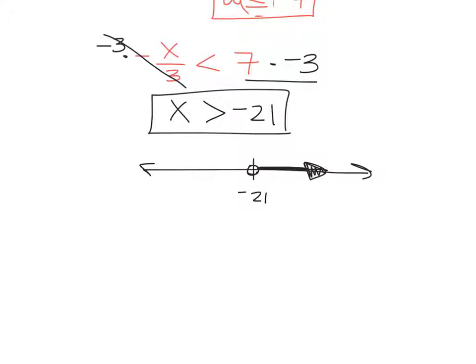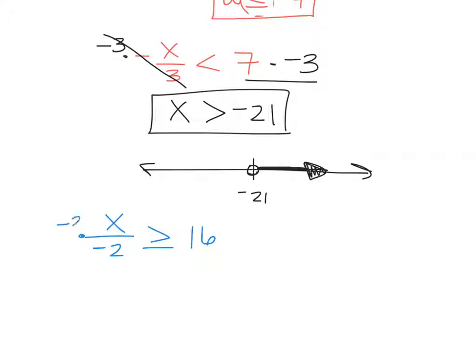Let's do another one of those. If I give you x divided by -2 is greater than or equal to 16. Okay, what am I multiplying both sides by? By -2, right? You're going to get that negative out of there.